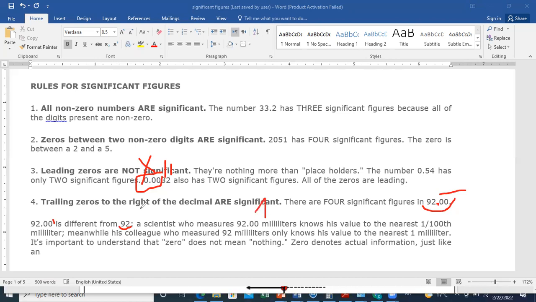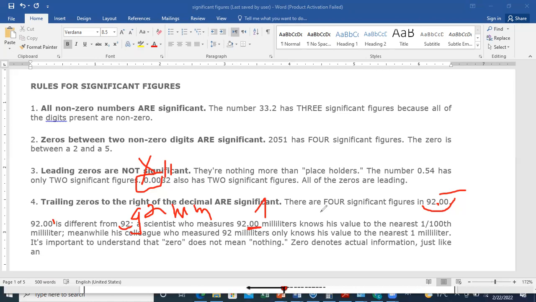However, if I tell you I'm measuring 92 millimeters, my accuracy is up to 1 millimeter. This is the meaning of having such zeros. We put them to tell you the accuracy of the device you are using.